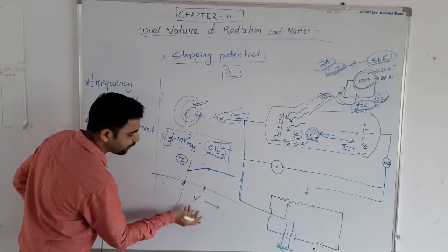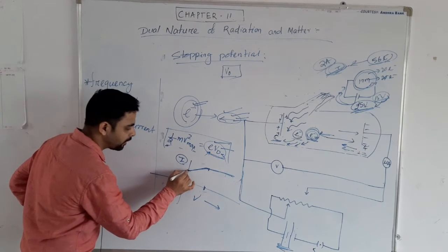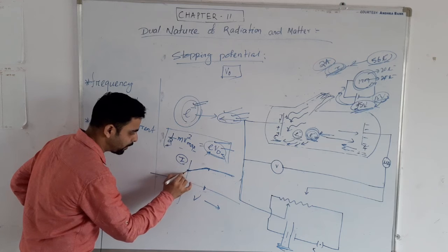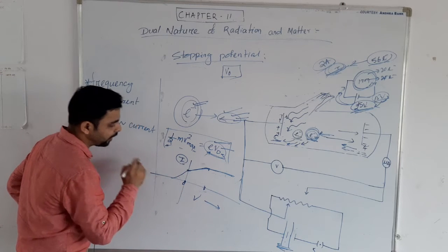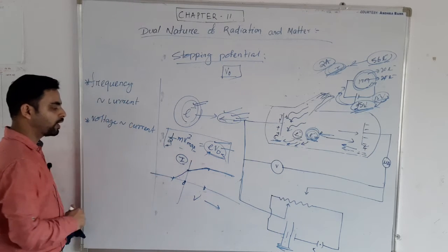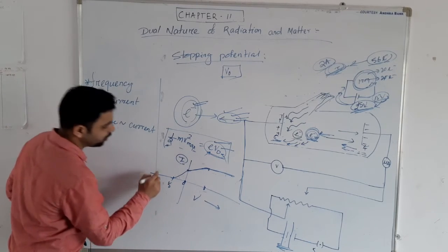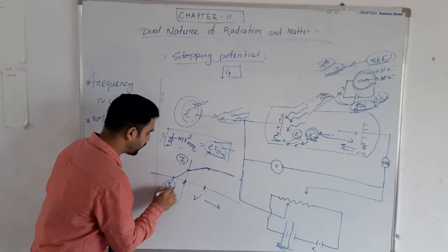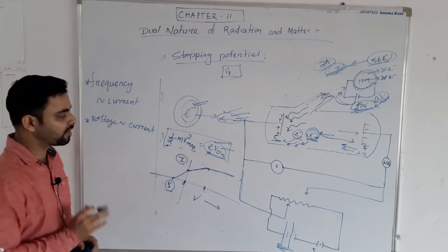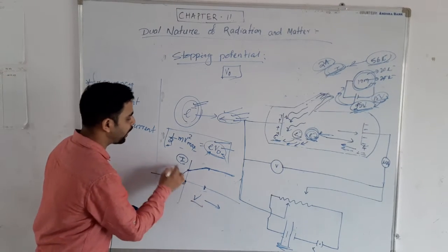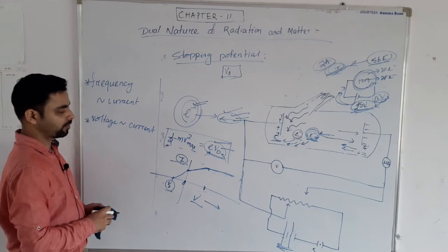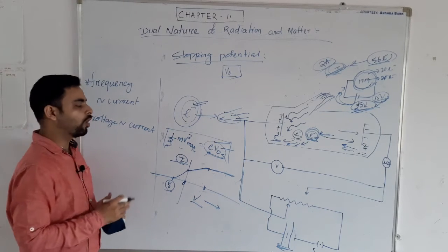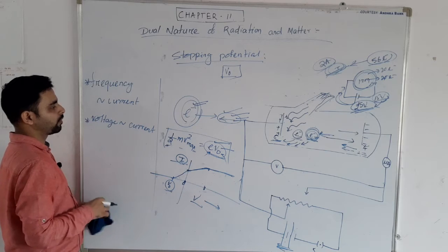Then if I reverse the potential and increase it gradually, the value of current will decrease, and at a certain voltage called V0 the current will become 0, and this voltage is called your stopping potential. So the graph between voltage and current will look like this. This is the graph of voltage versus current.